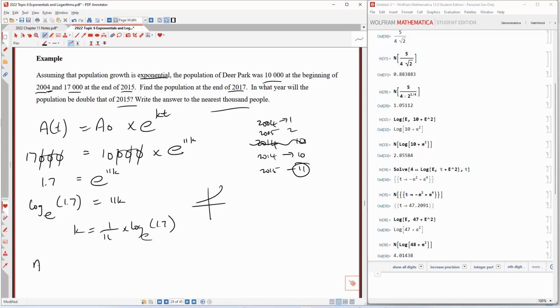Okay, so let's write our formula: A of t equals 10,000 times e to the 1/11 log e 1.7 t. All right.